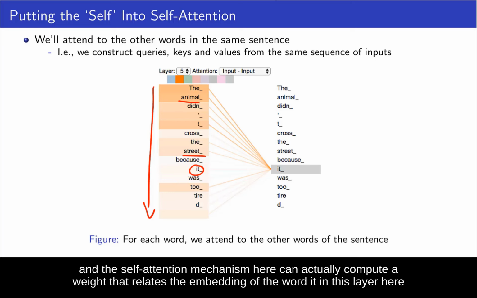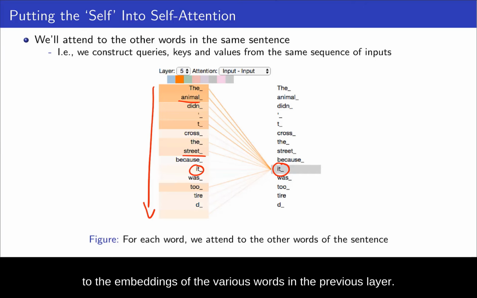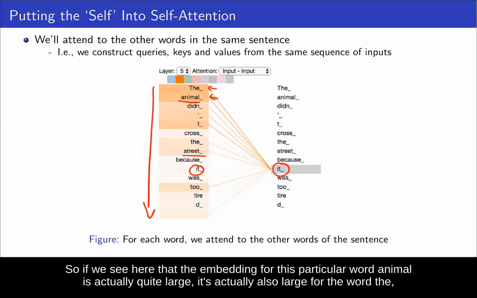And the self-attention mechanism here can compute a weight that relates the embedding of the word "it" in this layer to the embeddings of the various words in the previous layer. And we see here that the weight for this particular word "animal" is quite large. It's also large for the word "the."